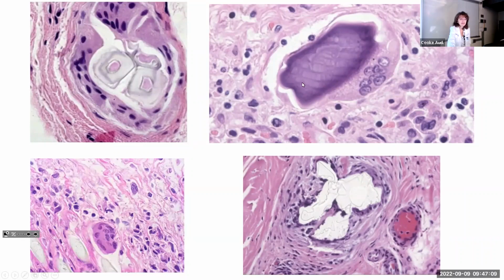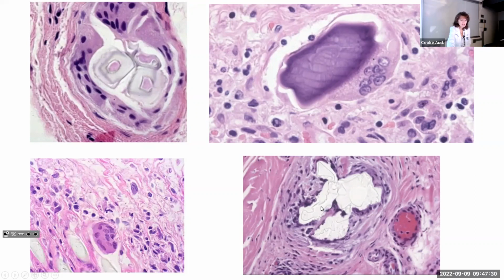Same thing here. Anybody knows what this is? It has this little striation here, and it's surrounded by this multinucleated giant cell who's trying to engulf it. Here, this is the foreign body, surrounded by this multinucleated giant cell.